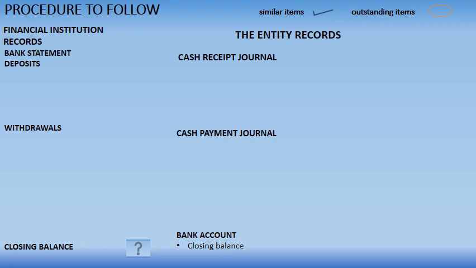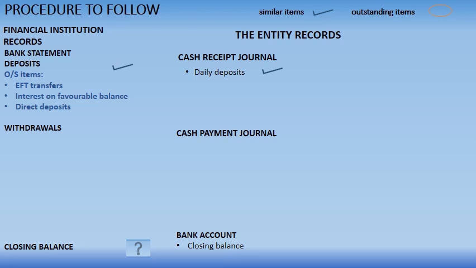Similar deposits on the bank statement will be ticked with deposits that were recorded in the cash receipt journal. Outstanding items on the deposit side of the bank statement will be the following: the EFT transfers representing electronic deposits, interest on favorable balance, and other direct deposits.